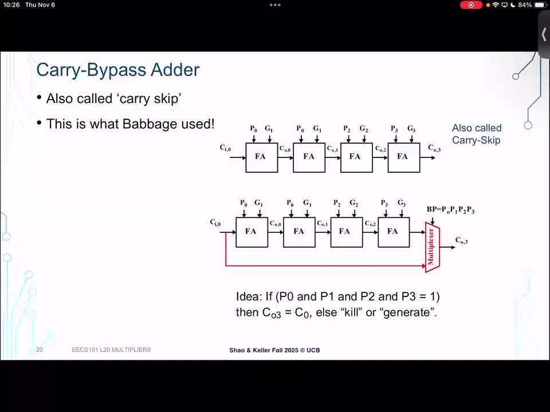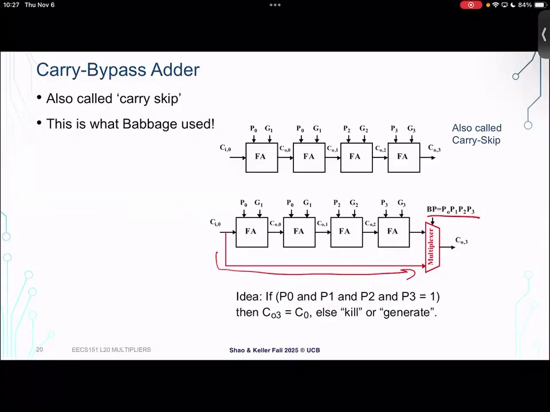And so we'll add a select signal on the mux that says, if those 4 propagate signals are true, then we don't actually need to go through the full adders at all. We can bypass them and just go straight through the multiplexer, through the short path of the multiplexer. Right?